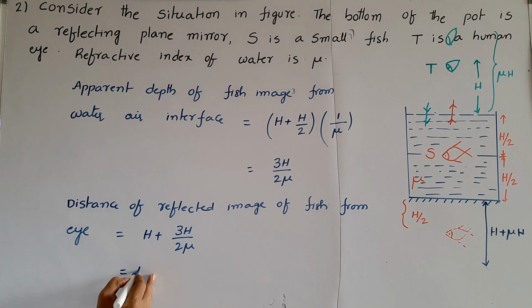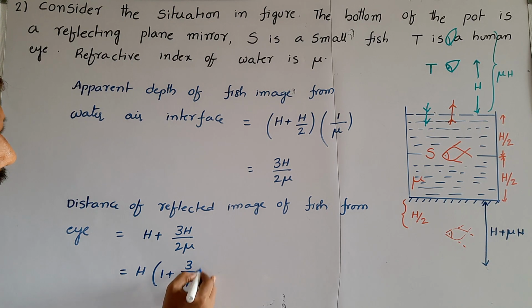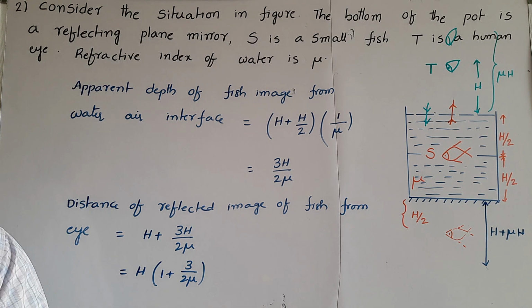If you take h common, then we get h times 1 plus 3 by 2 mu. So this is the way to calculate the problem.